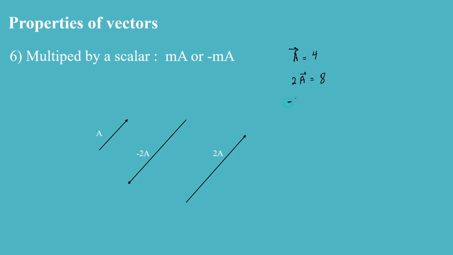If I multiply by minus 2, giving minus 2A, then it's going to be minus 8, right? So the direction is going to be changed. The difference between 2A and minus 2A is this tip right here. So this direction is changed because one of them is positive and the other is negative, and also the magnitude is twice that of A.